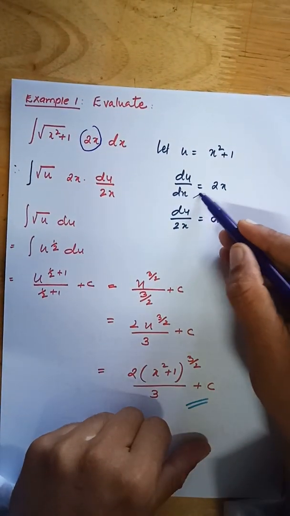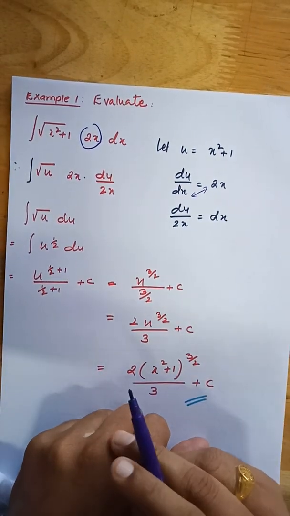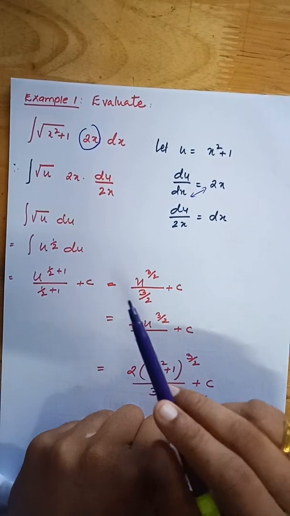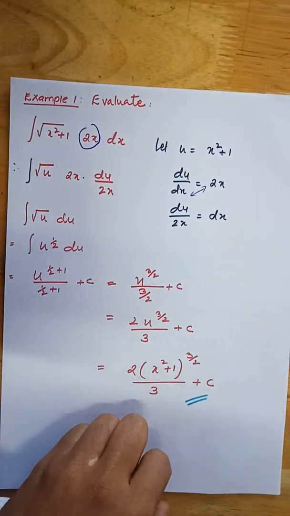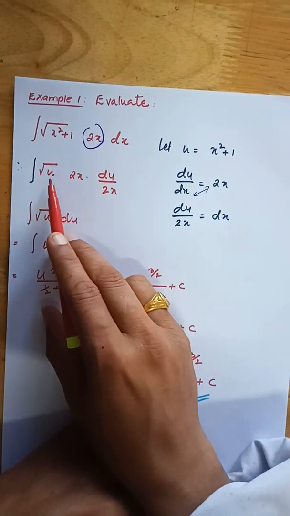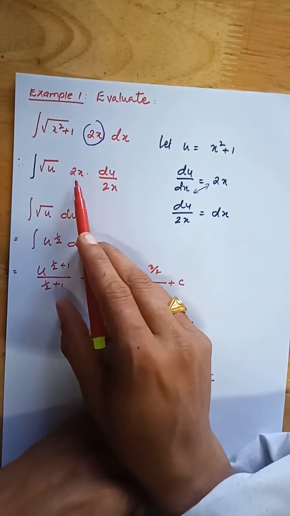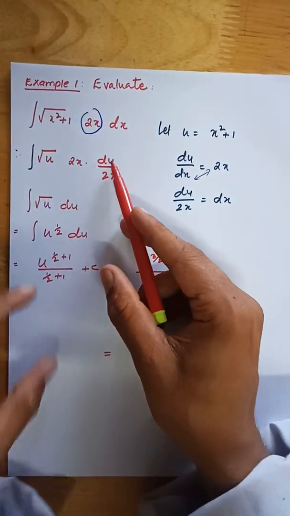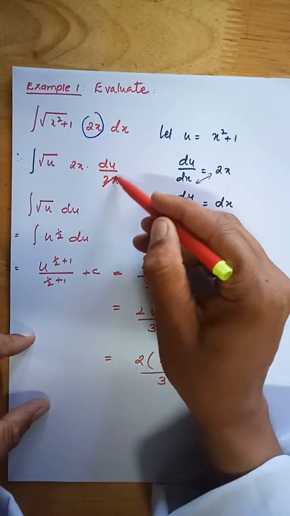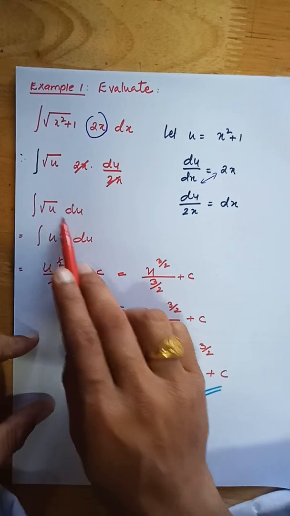You simply exchange the two, so 2x comes here, and you find dx. Now replace the root with root of u, 2x you keep as it is, and replace dx by du divided by 2x. So 2x will get cancelled, so root of u du.